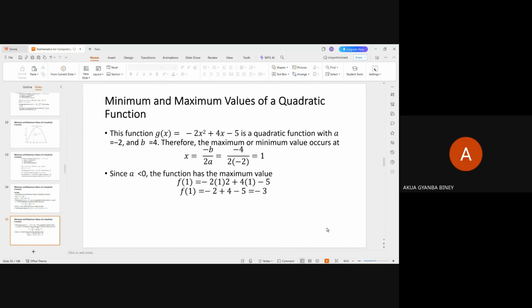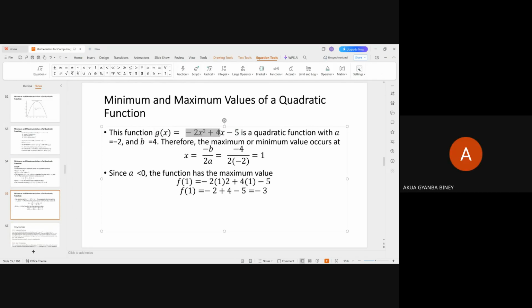Okay, so the a there we have done it. So for the b, we calculate the x. The formula is minus b over 2a.